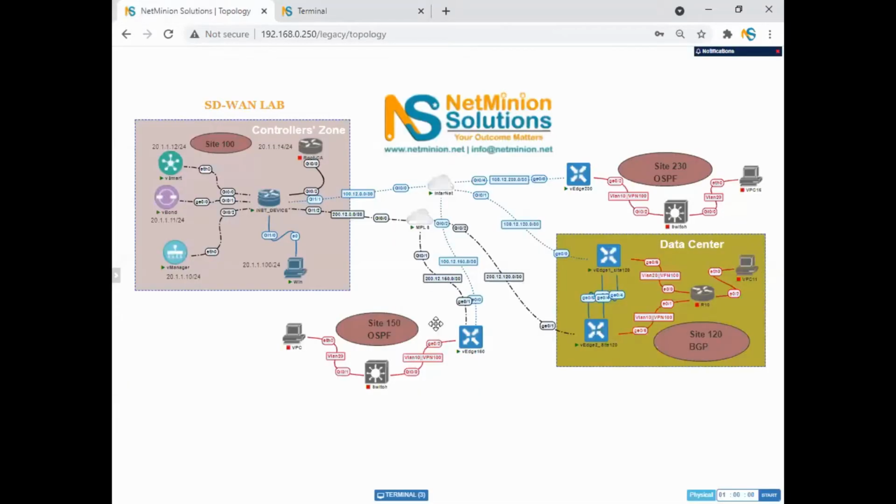Now the question has changed. How many OMP peers for site 150? One. Okay, let me change my question. What is the OMP peer for site 122?